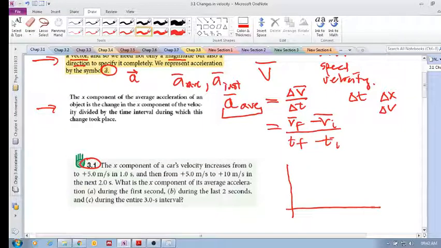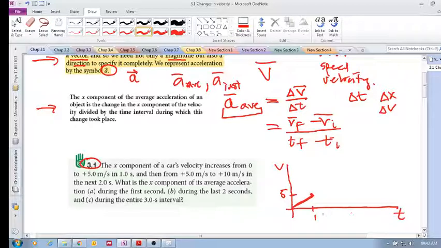Let's draw it. Guys, always try to draw things. So what is this? This is a velocity time curve, and over the first 1 second, it goes from 0 to 5 meters per second. So there is my data point. So it goes from 0 to 5.